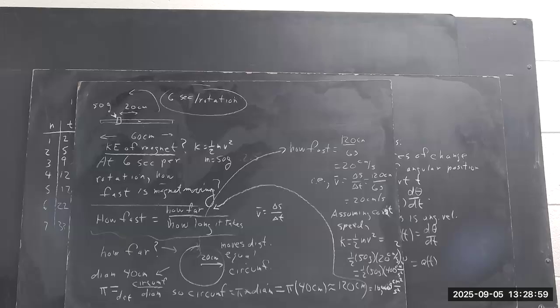I'll put that in writing. And of course, now you could figure out the total kinetic energy of the magnets in this situation, where you again have about a 5 second revolution, but from that, you should be able to tell me what the total kinetic energy of the magnets is.